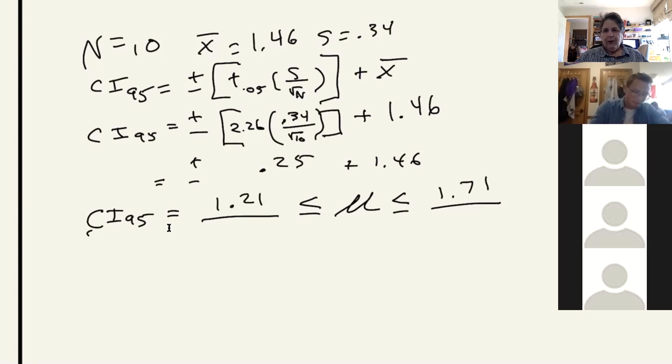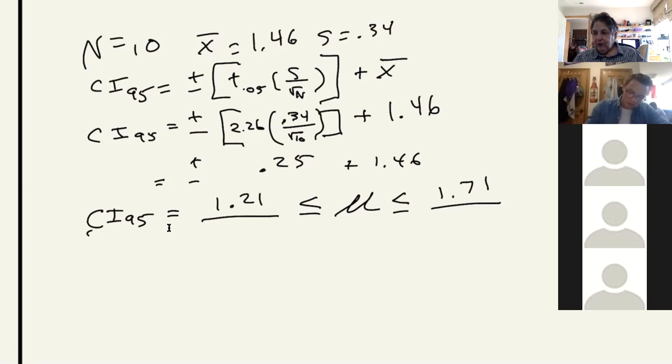Okay. Now, we're going to compute the 99% confidence interval for the same one. So let's say that we're not content being 95% sure. We can be 95% sure that the happiness rate was between 1.21 and 1.71 for all Elmira College students.